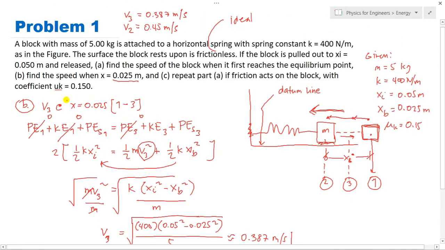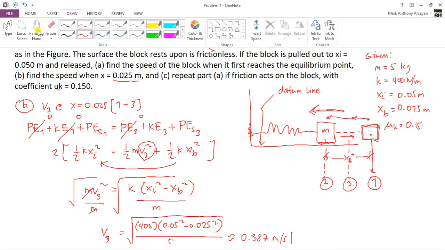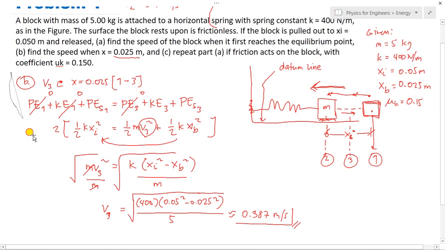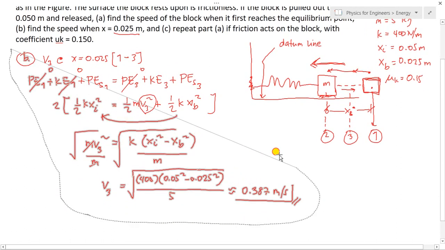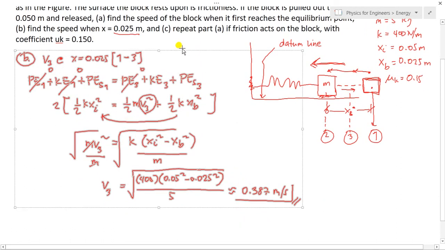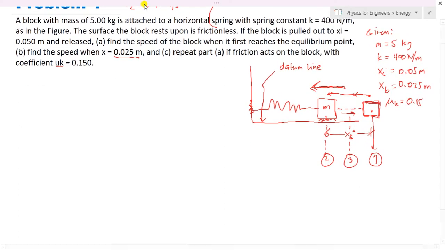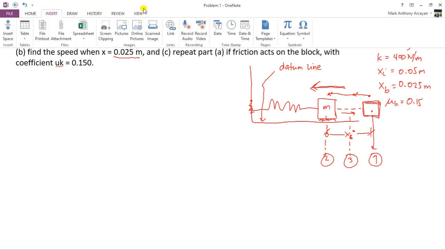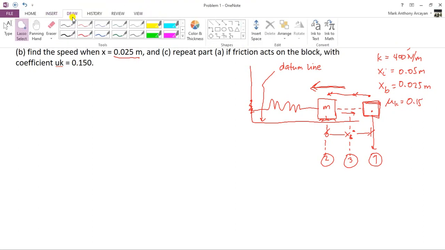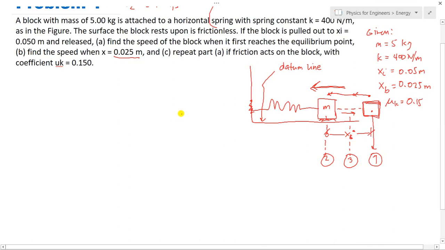Let's try the case where friction is present. For letter C, we repeat the procedure of letter A, with the same givens, but now there is friction acting on the block.